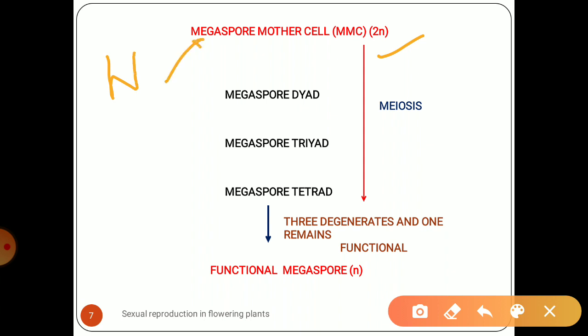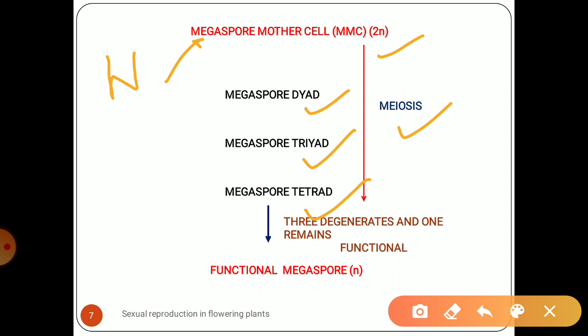Each megaspore mother cell contains a nucleus which undergoes meiotic division, or we can also call it reduction division, or meiosis. So each nucleus first forms two nuclei, then 3, then 4. So the megaspore mother cell forms a megaspore dyad, then a triad, then finally a tetrad. Tetrad means having 4 megaspore cells.